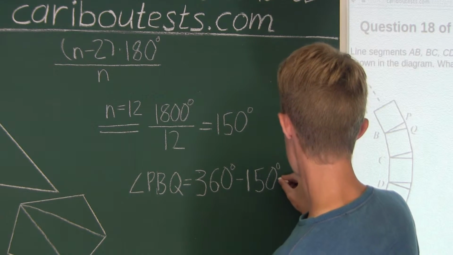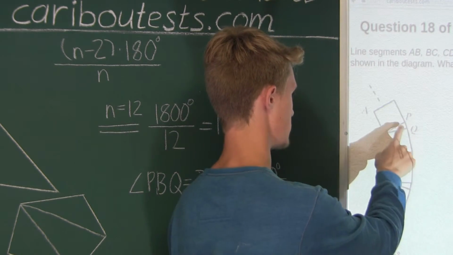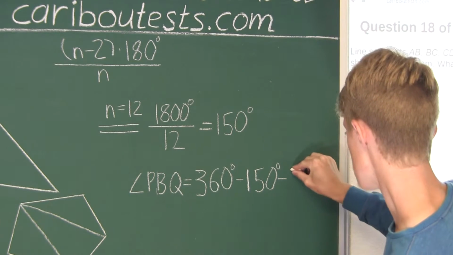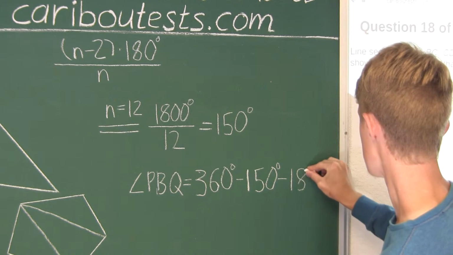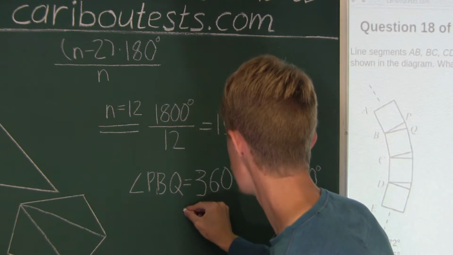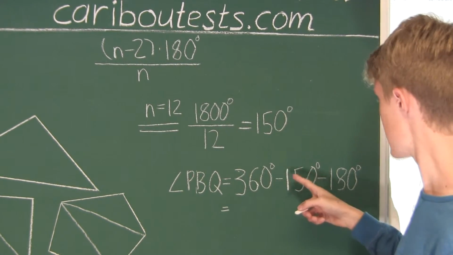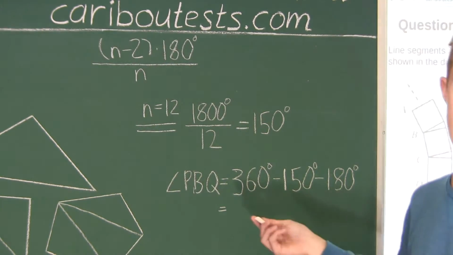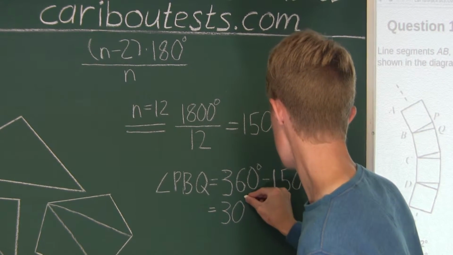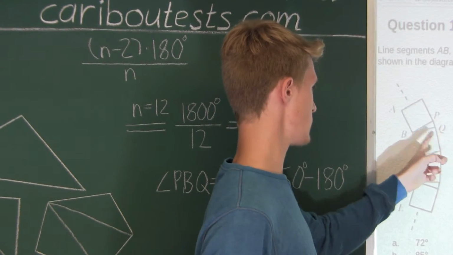And then we also subtract the 90 degrees here and 90 degrees here, which is 180 degrees. That gives us 360 minus 150 is 210, minus 180 is 30 degrees. So we know that angle PBQ is 30 degrees.